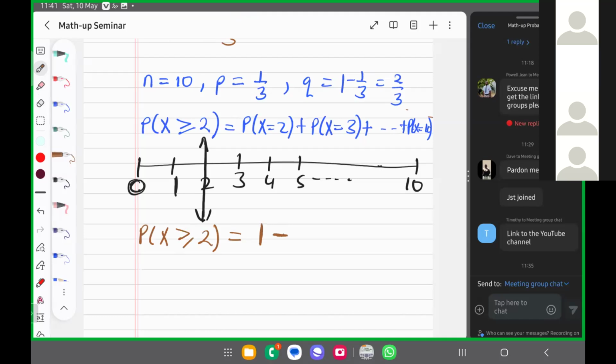And those probabilities are x is equal to 0 and x is equal to 1. So it would be 1 minus the probability of x is equal to 0 plus the probability of x is equal to 1, or 1 minus the probability of x being less than 2.